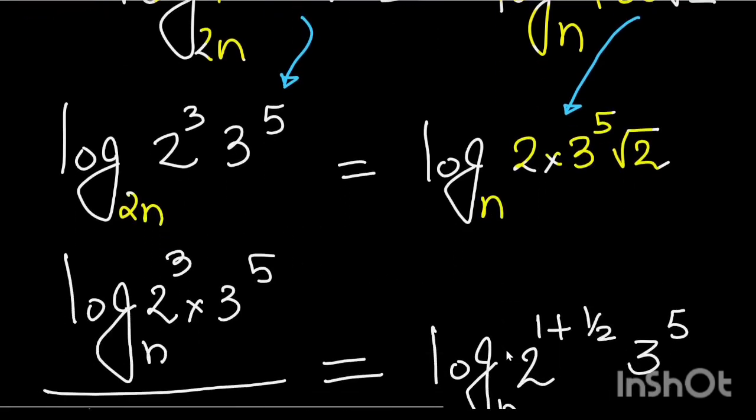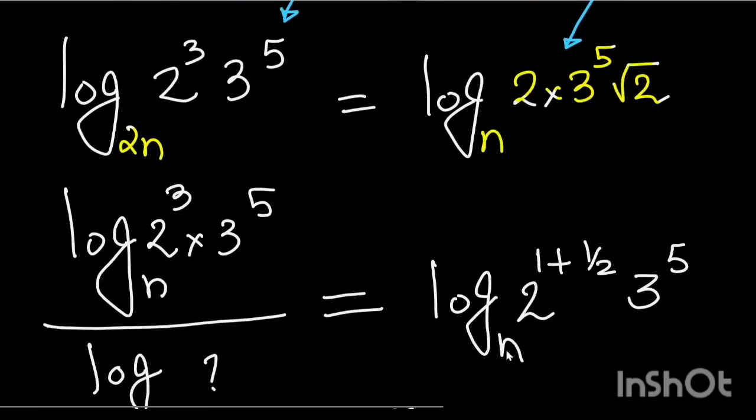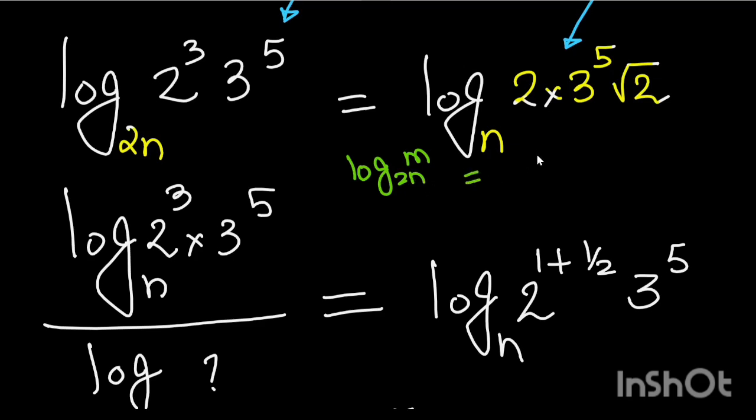Now in the next step, using the formula as I said, log m base 2n is equal to log m base n upon log 2n base n.